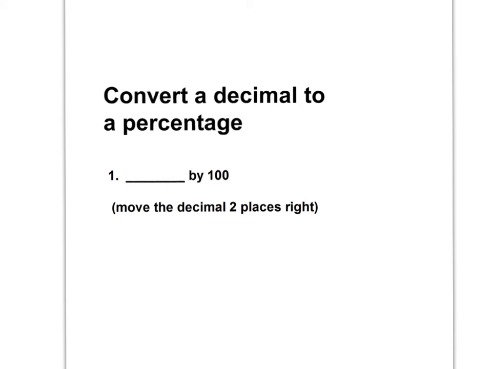Converting a decimal to a percentage, we are going to multiply by 100. 100 is the same as 10 squared, and every time we multiply by a multiple of 10, we move the decimal to the right.